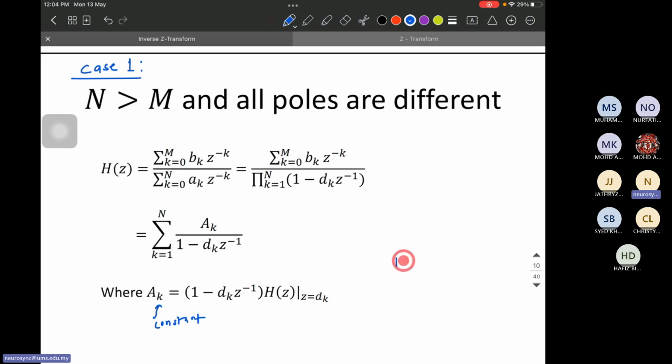If we equate 1 minus d k into z inverse to 0, then 1 is equal to d k z inverse, and therefore z is equal to d k. Therefore we calculate this at z equal to d k.